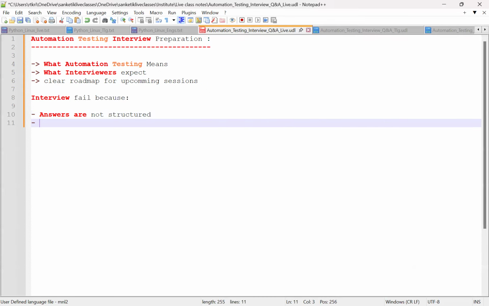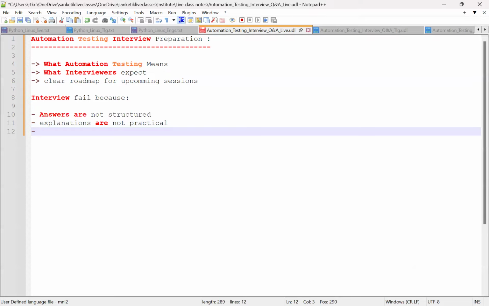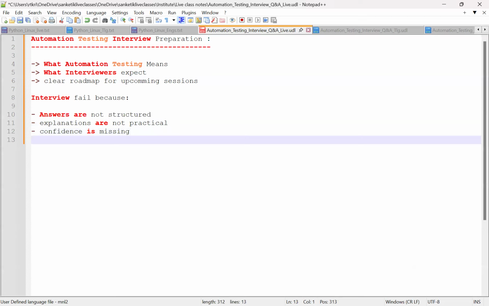Second one, explanations are not practical. And the more important thing is confidence. Confidence is missing. Okay, so we need to avoid these problems. Then only we can succeed.